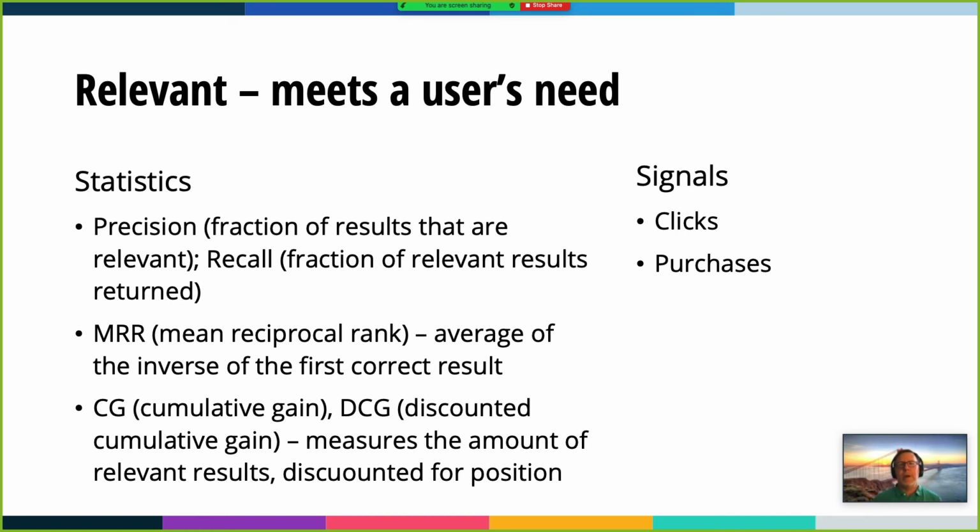So if the first correct result was 4, then you get a quarter, 1/4 score. If it's first, you get a 1, that's the best you can do. The cumulative gain and discounted cumulative gain sort of augment that a little bit by looking at the number of relevance results, discounting them for precision in basically the same way as mean reciprocal rank does.